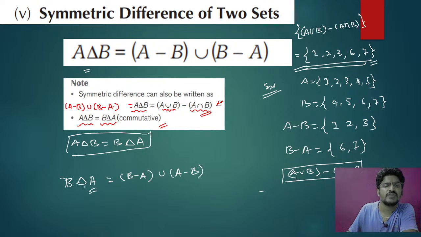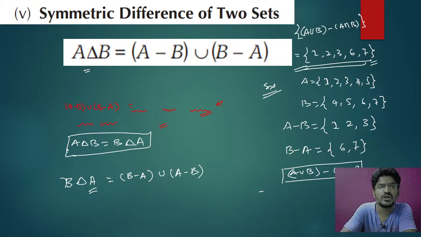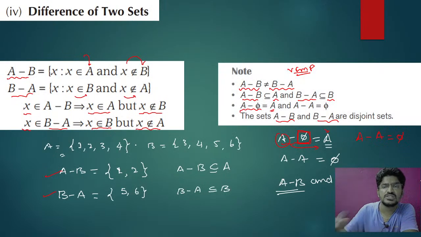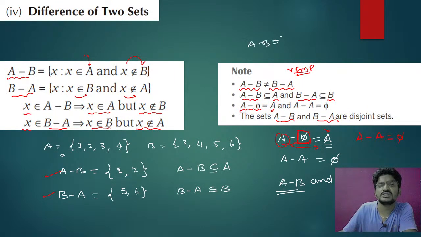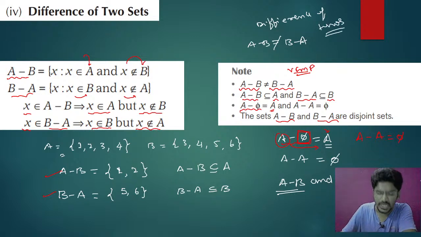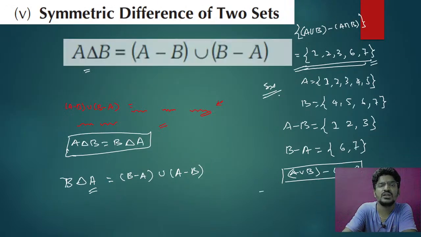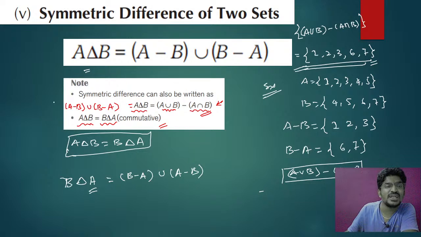Therefore A delta B is equal to B delta A, but a very important thing is here. See this, A minus B is not equal to B minus A. This is difference of two sets. Difference of two sets is not commutative, but symmetric difference is commutative.